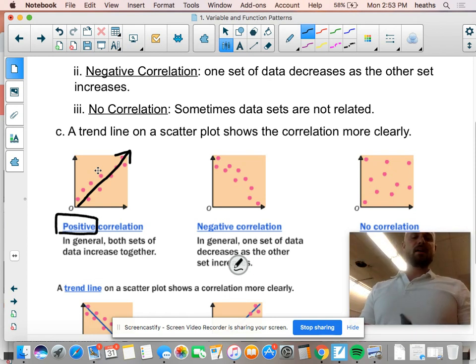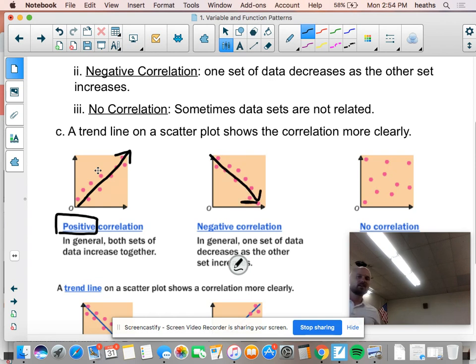Real quick, because I know you probably would have these questions, you do not have to write these charts and words below here. Just write my notes above, please. These are just examples. Negative correlation, in general, one set of data decreases as the other set increases. Negative correlation is going down in this direction.